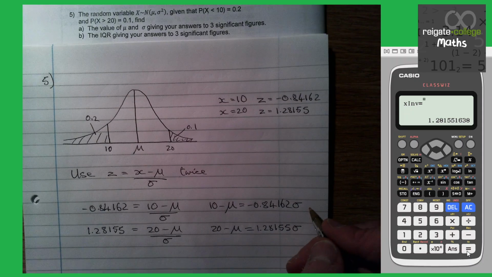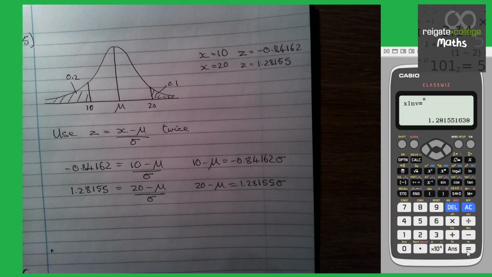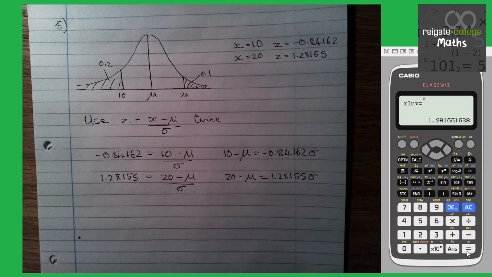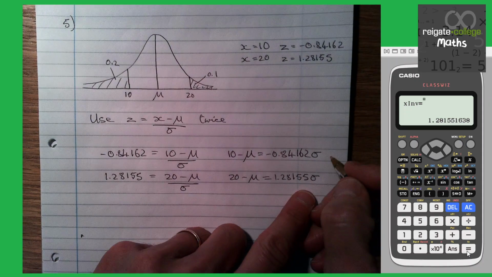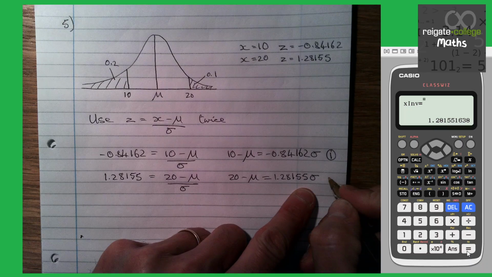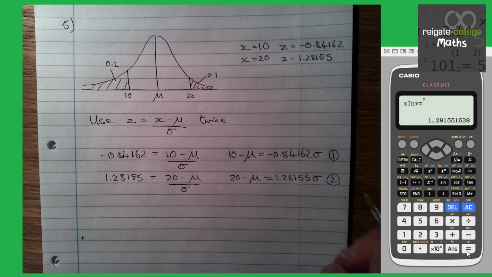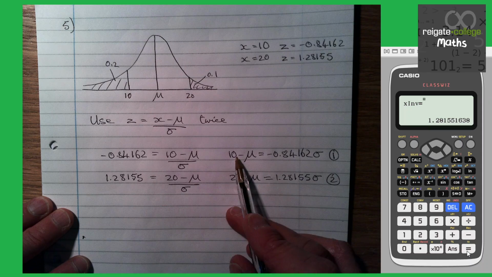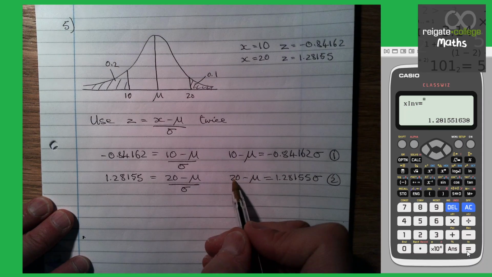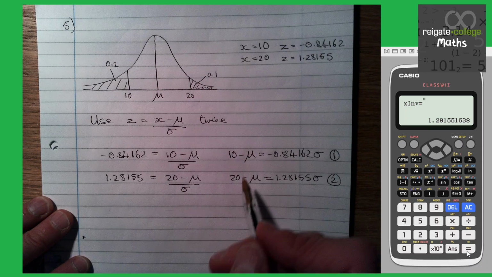Now, if you've got them in a form for your calculator, you can just put these simultaneous equations in on the calculator, but we can solve them by hand as well, so let's just do that now. We're going to do 2 minus 1, so that's 20 minus mu minus 10 minus mu, so the minus mu's are going to cancel out.